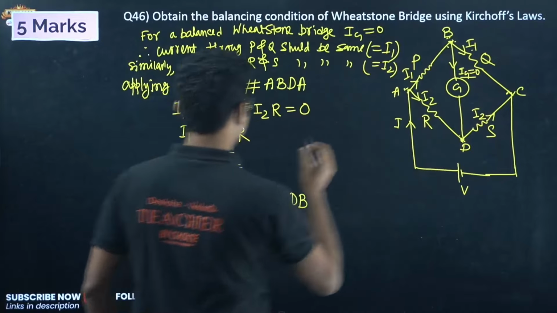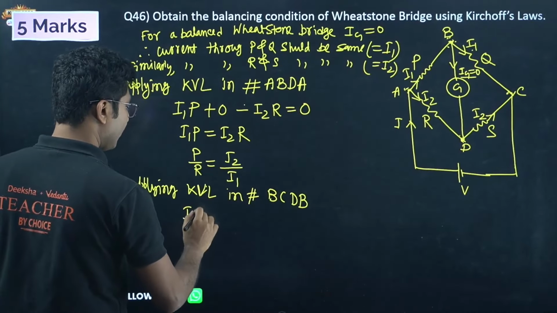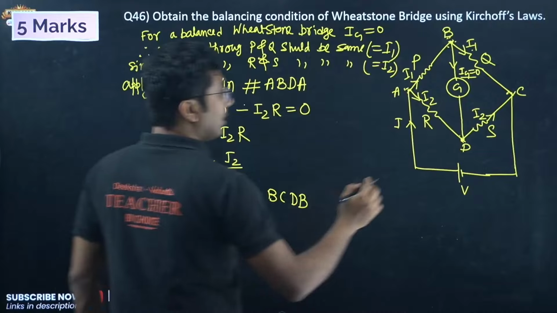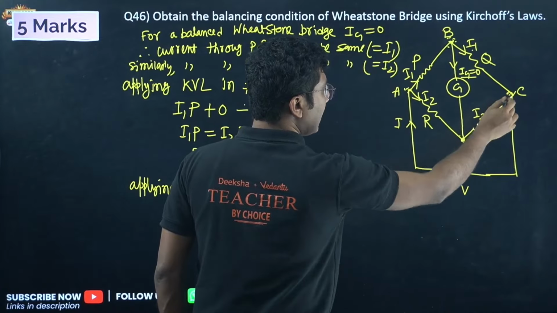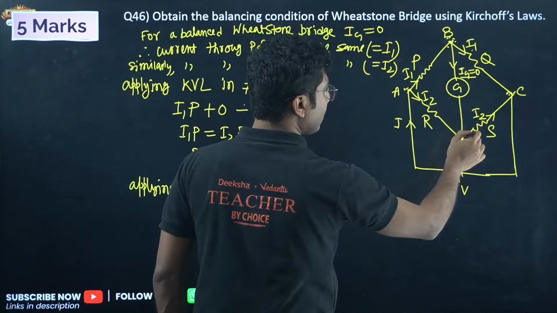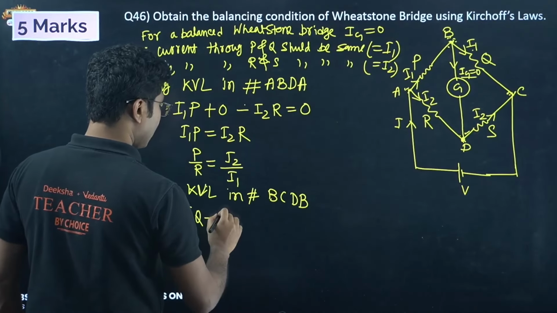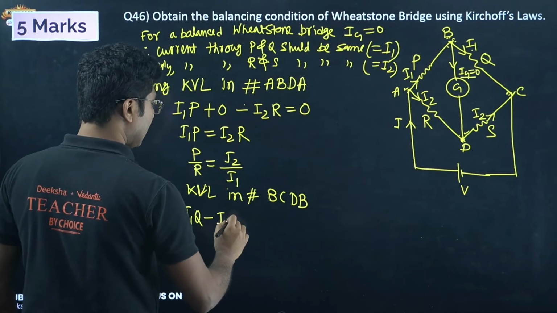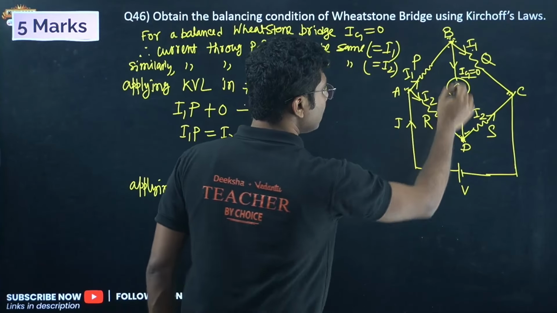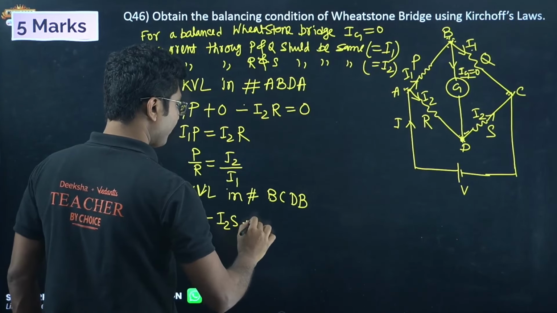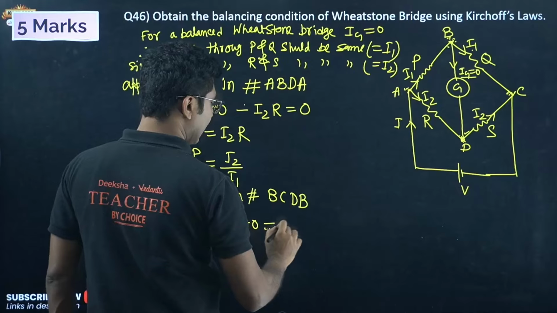I1 into Q. So voltage drop is I1 into Q. Now when you are going from C to D, again you are going in the opposite direction of the current. Opposite direction of the current means it will be negative, minus I2 into S, and when you are going from D to B, there is no current, that means it will be 0.